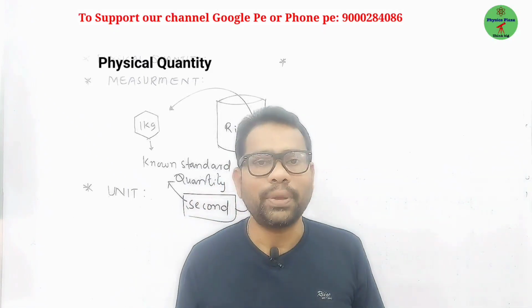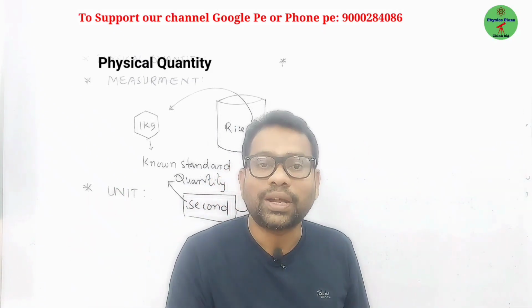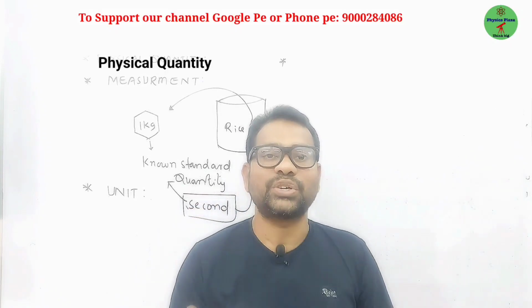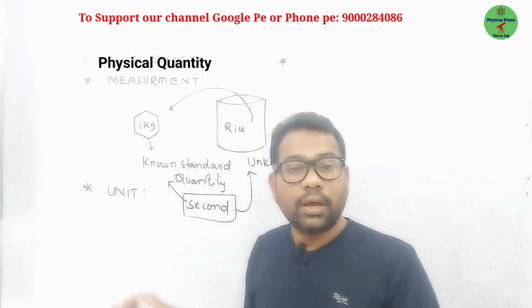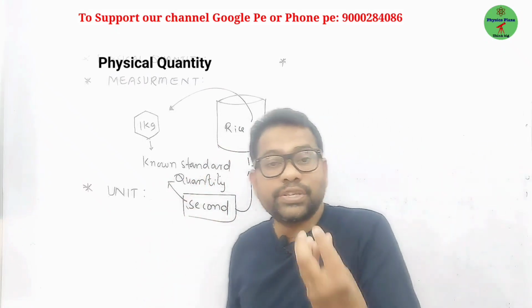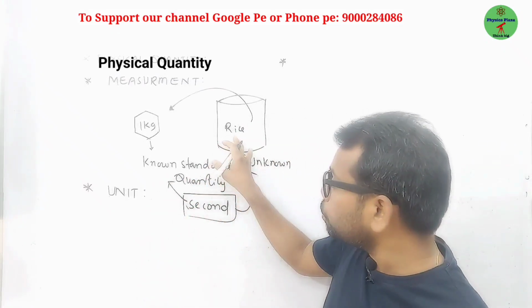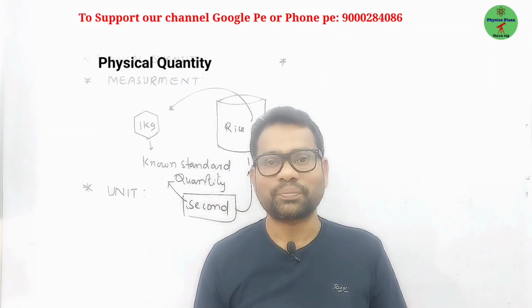So whenever you are comparing an unknown quantity with a known standard quantity, make sure that both are of the same nature. This point is very important. So what is a unit, dear children? A unit is a known standard quantity which is used to measure the unknown quantity of the same nature.